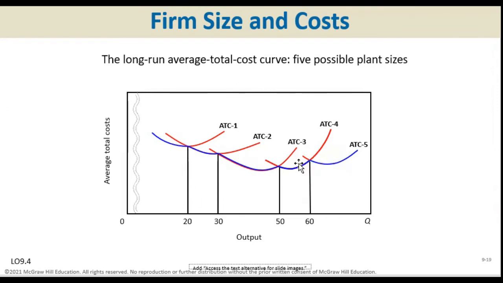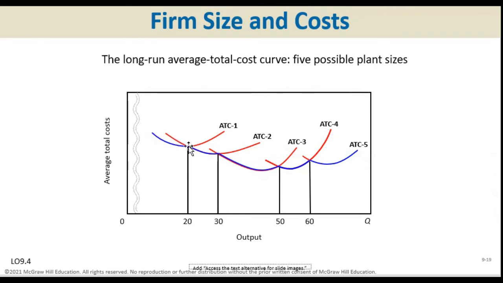So basically the idea here is, if you look at the long run, it's made up of the short run average total cost for a plant like this, right? You keep producing output until you get to the minimum.